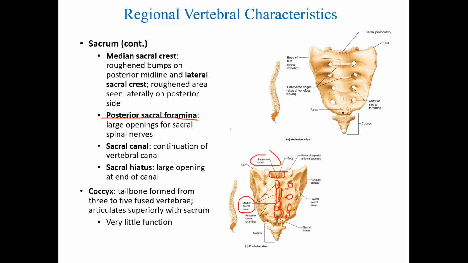and then we have another opening here, which is the sacral hiatus. Here is a large opening at the end of the canal, okay, located over here. And coccyx is represented here, okay.